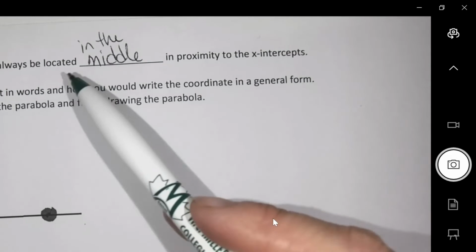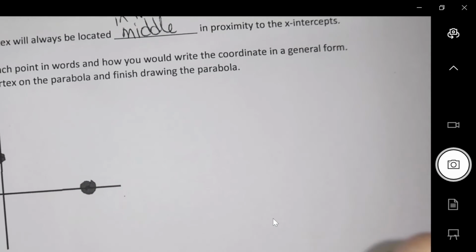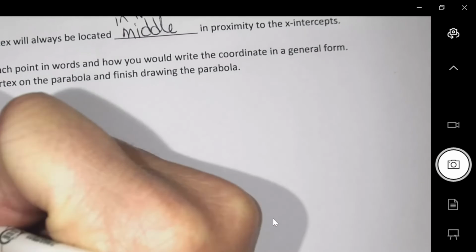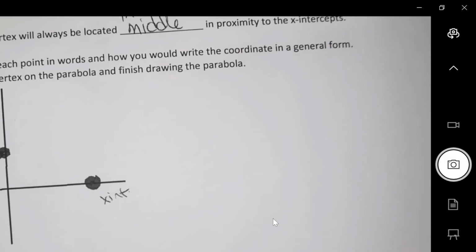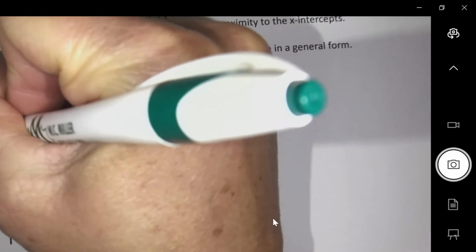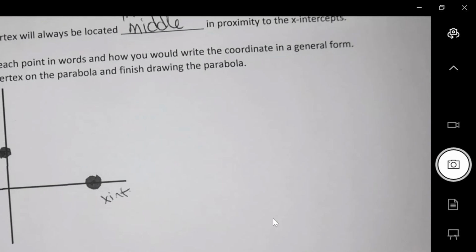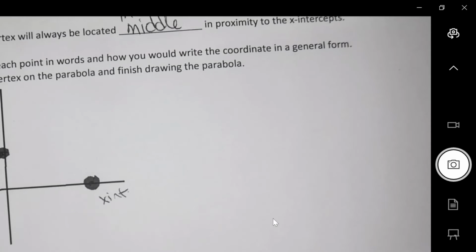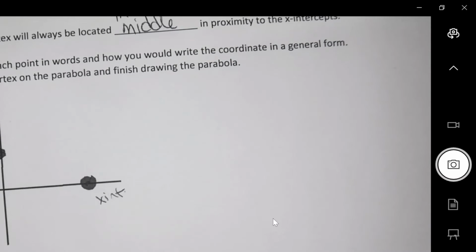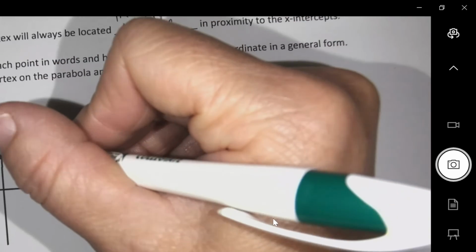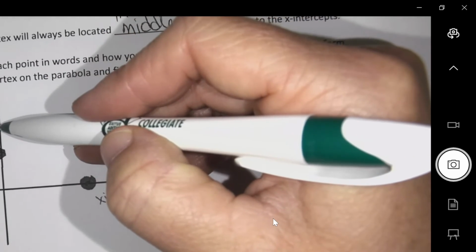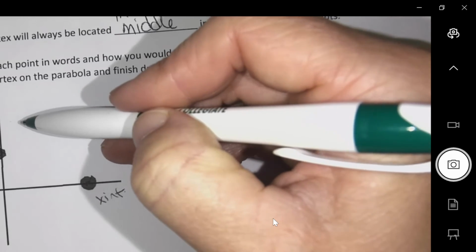Okay, label each point in words. So this is an x-intercept. Those are x-intercepts. And this point would be a y-intercept. Place a vertex on here somewhere. It could be above the y, not right above, but in the middle between the y and the first x.